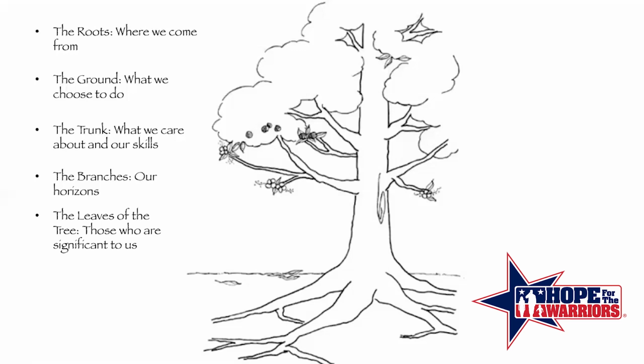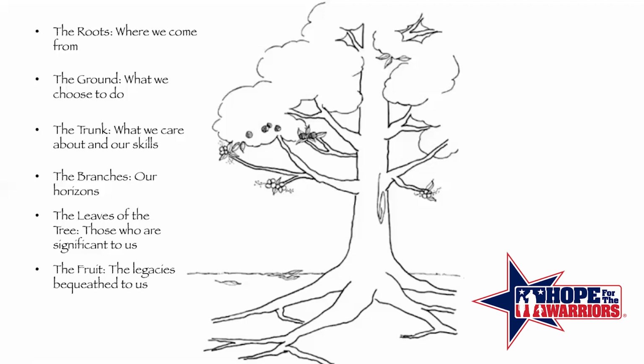Ready to move on? Now we move on to the fruits. The fruit of the tree are the legacies that have been bequeathed to us, things that have been passed on. The fruits represent gifts that have been passed on to you, or contributions others have made to your life. Look back over the people and other figures you named on the leaves of your tree.